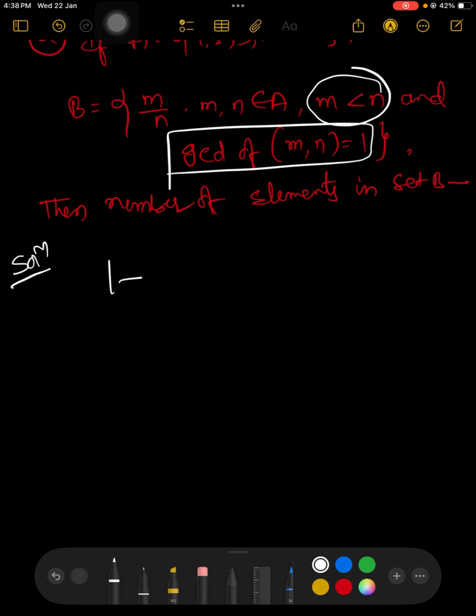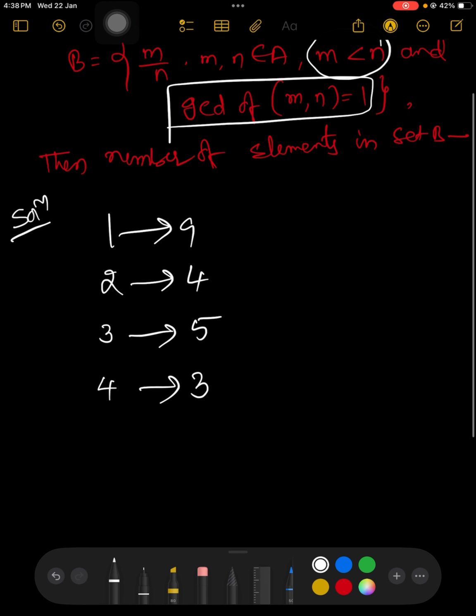That is, for 1 there will be 9 numbers. For 2 it will be 3, 5, 7, 9, 4. For 3, we can start with 4. That is 4, 5, 7, 8 and 10. So there will be 5. Now for 4 there will be 5, 7, 8 won't come, 9, yeah, 3.